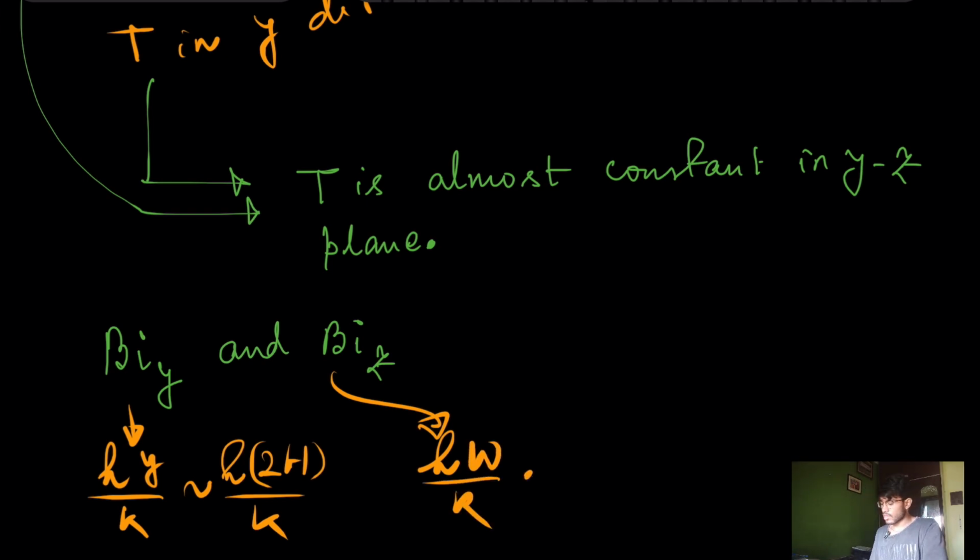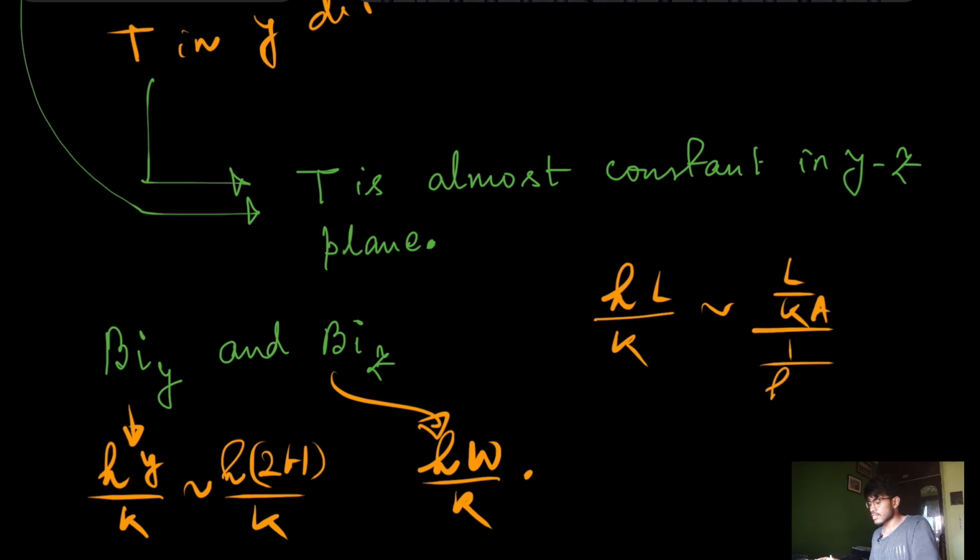Now you see, what does your Biot number say? Biot number is h into L by K. So that is nothing but L by K A into 1 by h A. I can write this, right? So this is conduction resistance R conduction by R convection, right?